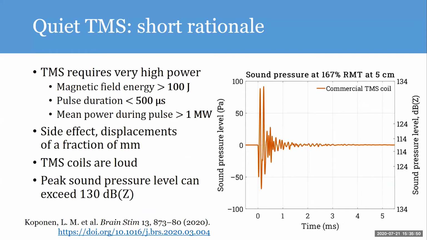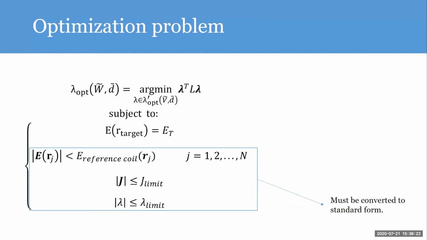So putting 100 joules in less than 100 microseconds means that the mean power is about megawatts, and the peak power is between 5 and 10 megawatts, depending on coil and intensity. As a side effect of that, we get micrometer scale displacements at kilohertz frequencies, which is meters per second, which makes sound pressures above 130 dB near the coil surface for the coil that is touching your head. It's not always ideal. So of course, we want to address that.